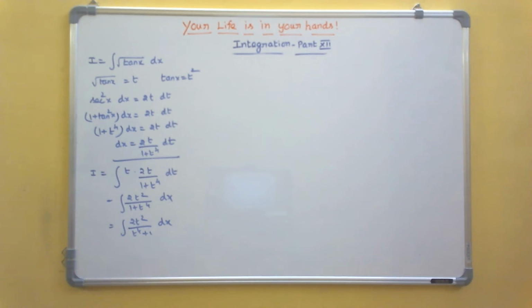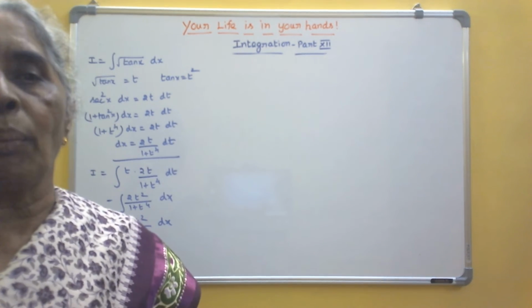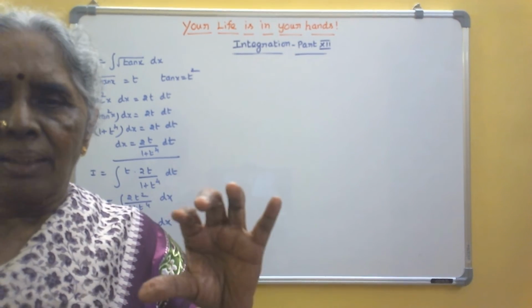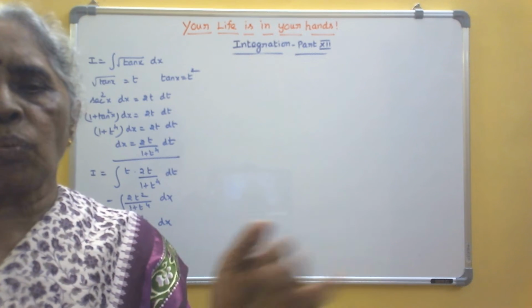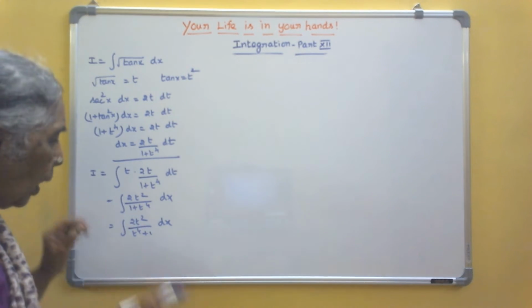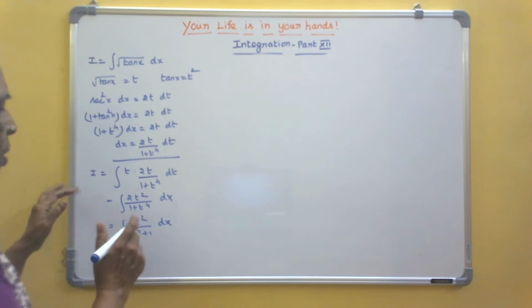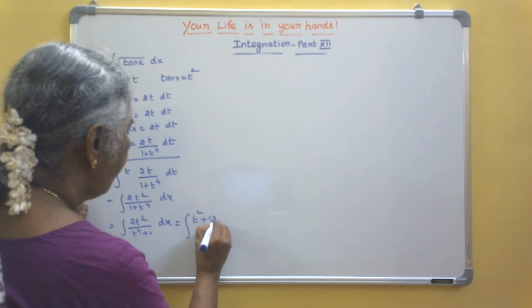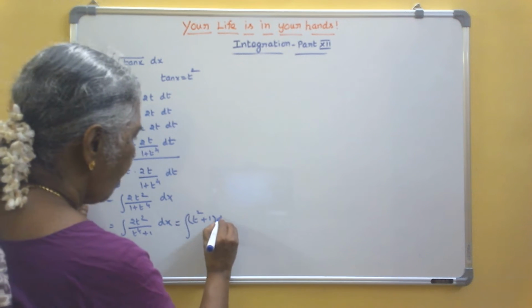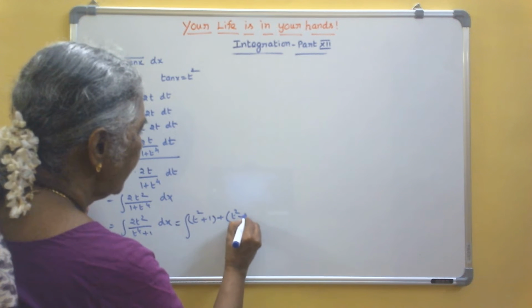Now, previously you had your 1 in the numerator that we wrote as half into x squared plus 1 minus x squared minus 1. Now I have here 2t square. So I am going to write this as t squared plus 1, plus t squared minus 1.